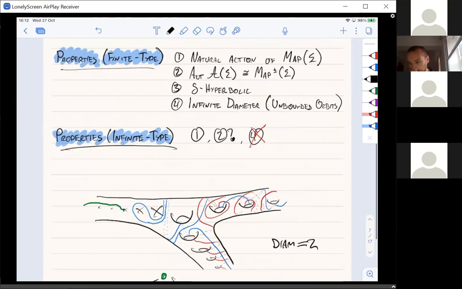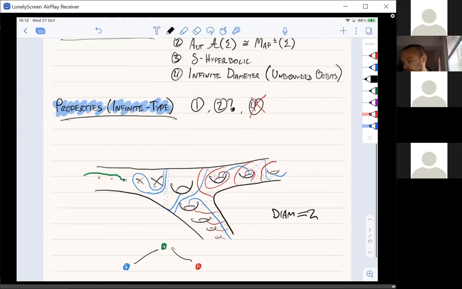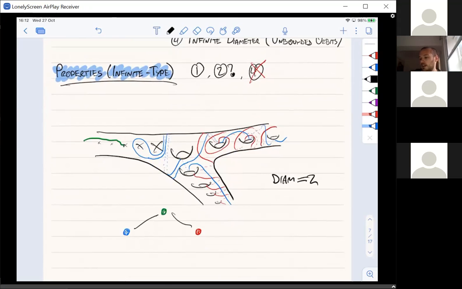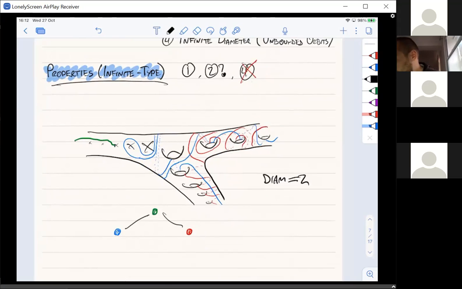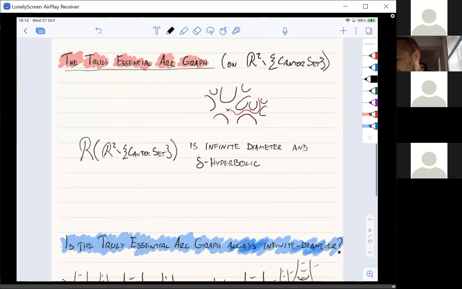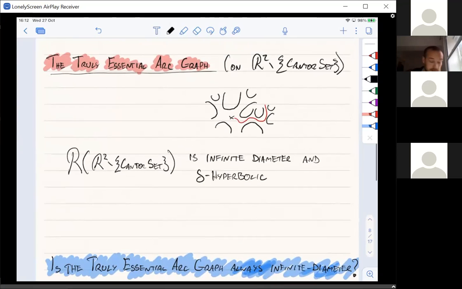So that's a bit of a shame, because this infinite diameter quality has been used by some people to prove some things. So that isn't going to work for infinite type surfaces. This arc graph, which I've called the essential arc graph, is just the arc graph.